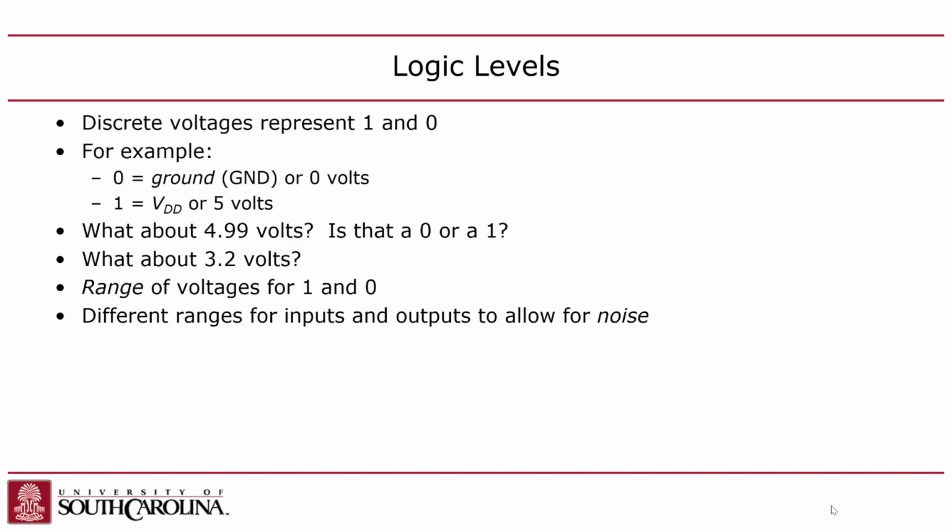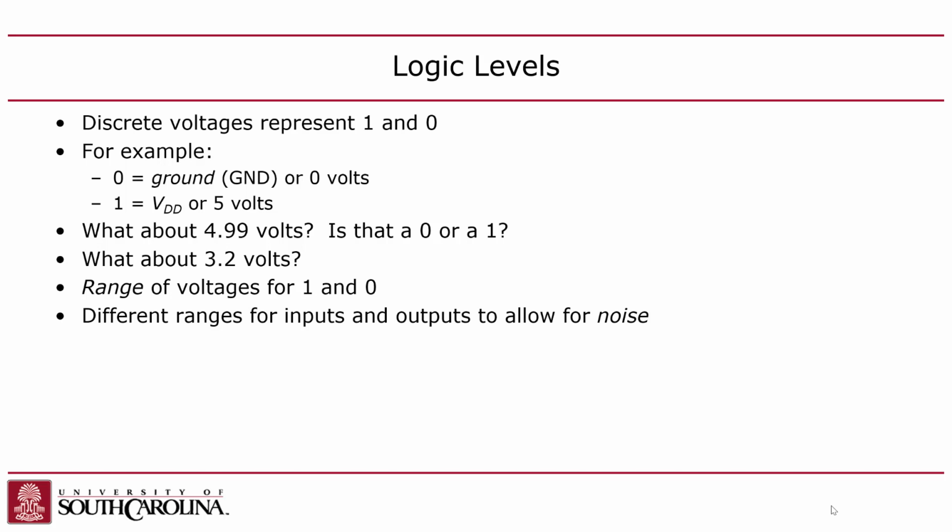Generally, you think of 0 as ground or a very low voltage, and 1 is going to be VDD, where VDD is the power supply voltage of the digital circuit. The voltage you use depends on what technology you're working with. It could be as high as 5 volts, or as low as, I think nowadays, about 900 millivolts in a modern process.